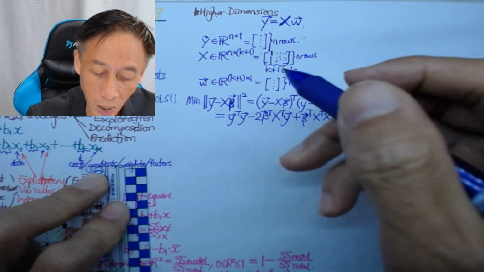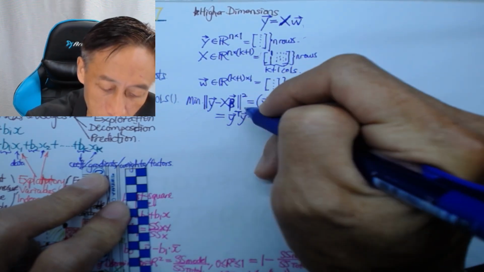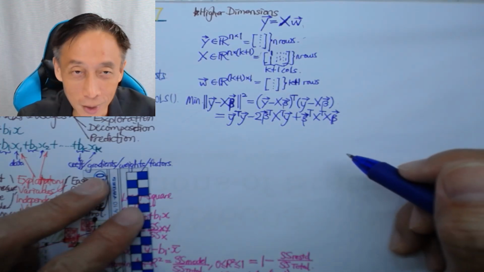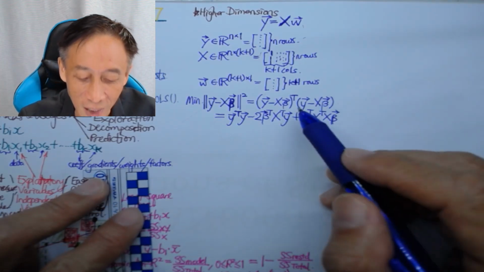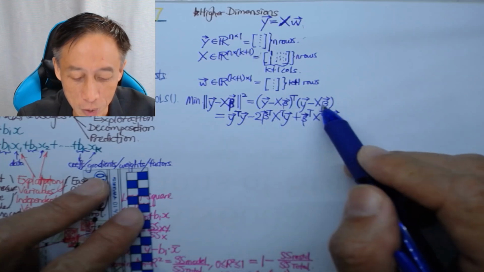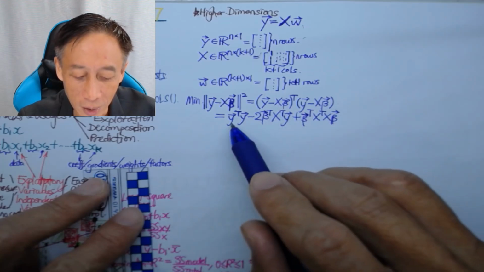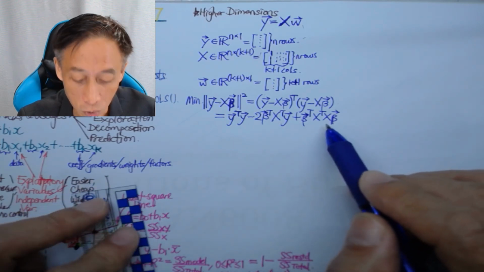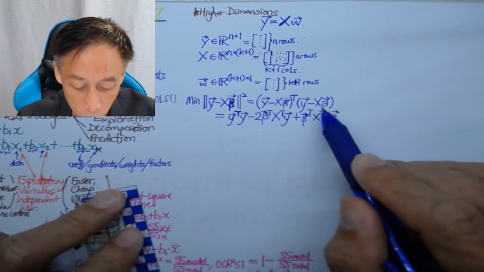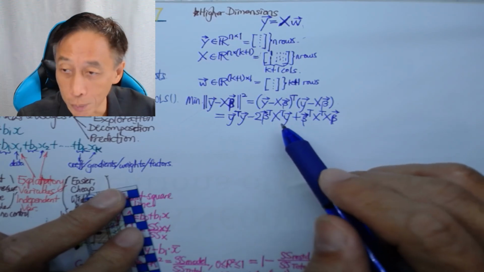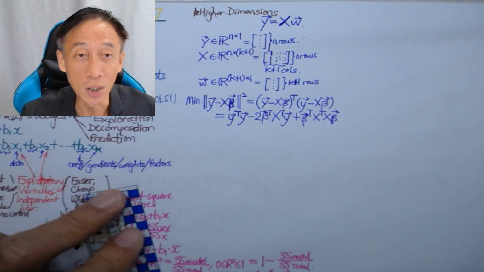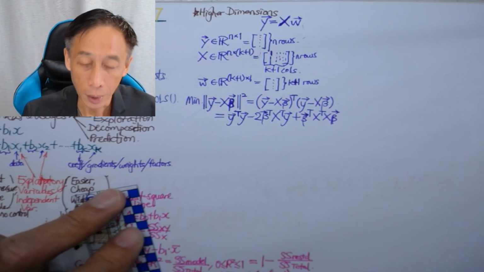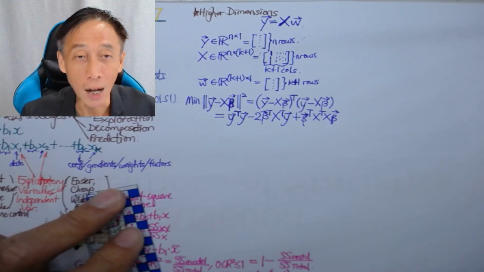So if you haven't had a course in matrices and vectors, don't worry. It's like expanding a quadratic equation, a squared minus 2ab plus b squared, except to make things right, we need to add in some transposes and matrix vector multiplications. They are not commutative, so we do have to take that into account.